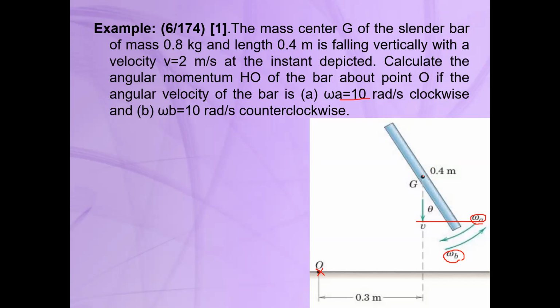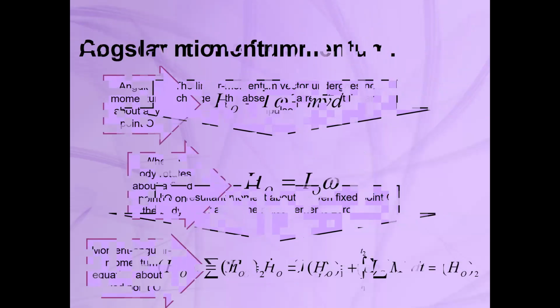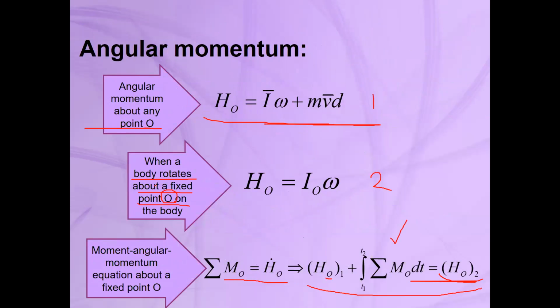I mean, when this cylinder is coming down, is point O still a fixed point of rotation? First of all, a fixed point of rotation must always be on your rigid body. As you can see in this slide, it is mentioned, a fixed point O on the body.